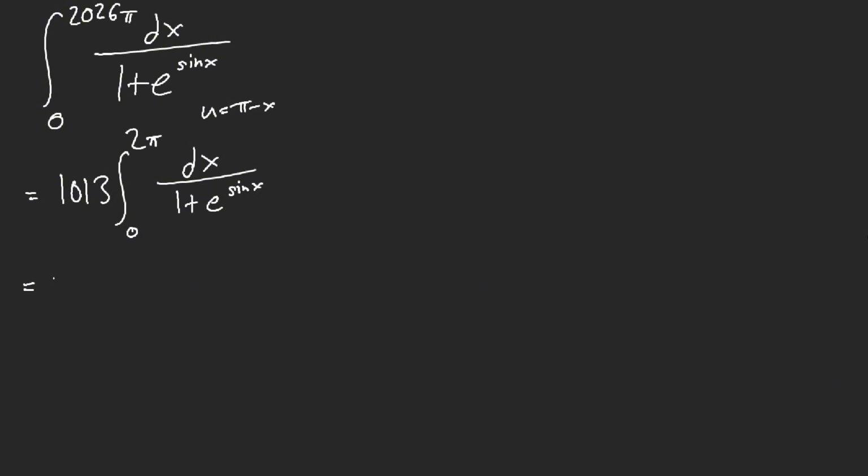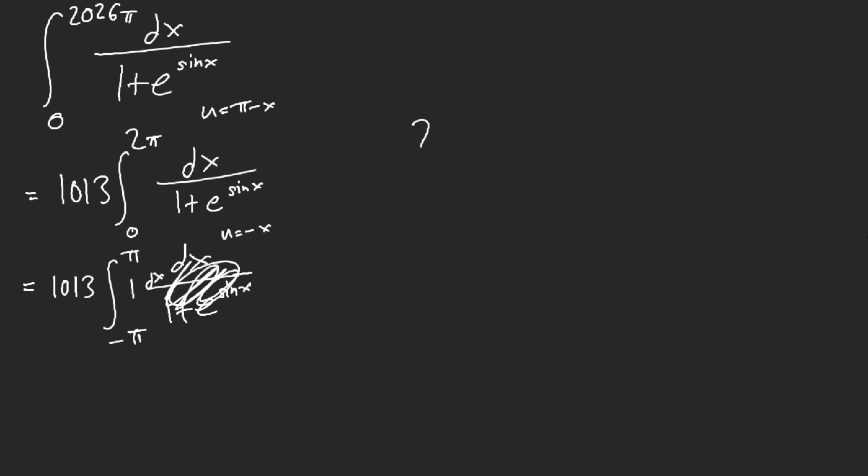This is exactly what I want. Negative pi to pi. Okay, because look, what can you do? Ninja sub, right? Let u equal negative x. Oh wow, so is this 26 pi? Is that the answer?